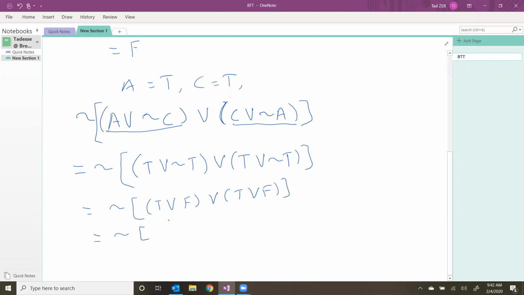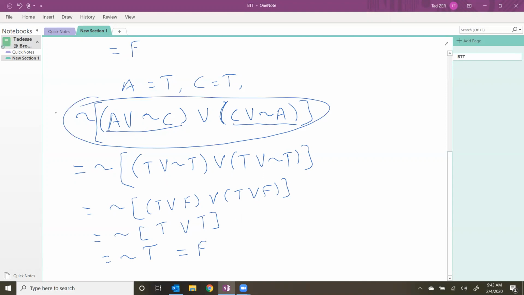So in this case, true or false is true, or true or false is what now? True. Okay, so you see, step by step. Now, what is true or true? Both of them are true, it's true, right? Even if one of them is true, it will be true. Now, what is the negation of true? It is false. So the truth value of this statement, you see, I don't have to do any truth table. I can just plug in the truth value. So it will be what? False. Okay.